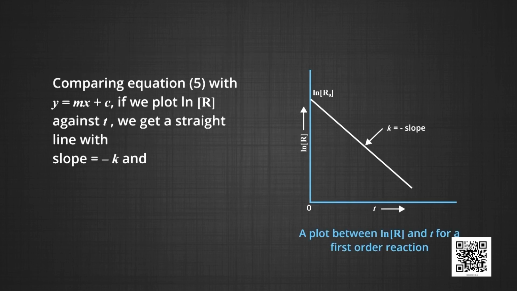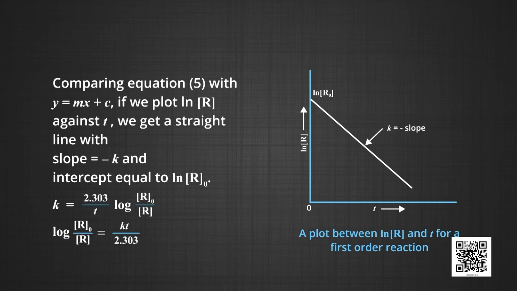Now, comparing equation 5 with y equals mx plus c, if we plot ln [R] against t, we get a straight line with slope equal to minus k and intercept equal to ln [R]0. The first order rate equation 6 can also be written in the form k equals 2.303/t log [R]0/[R].